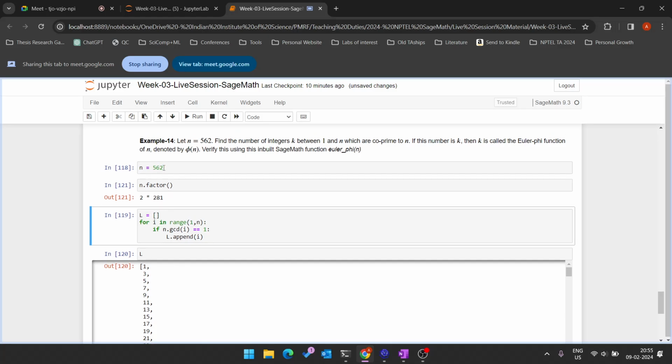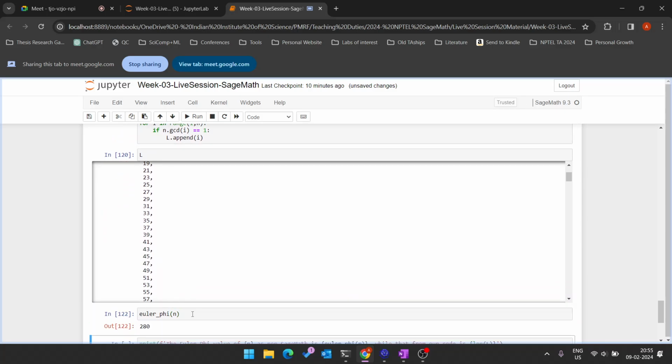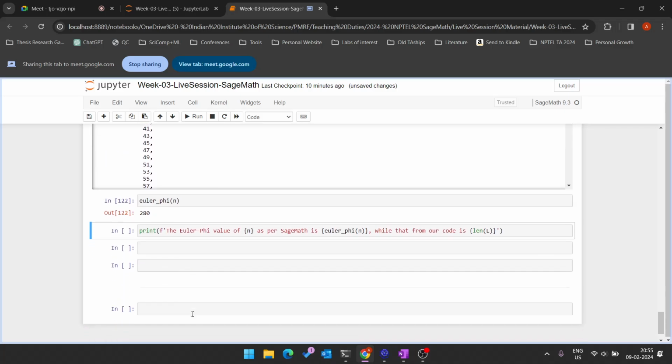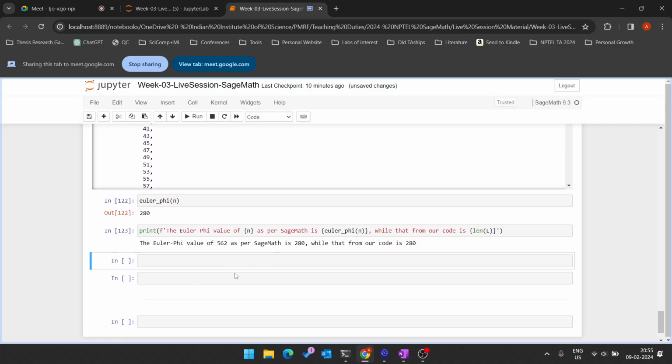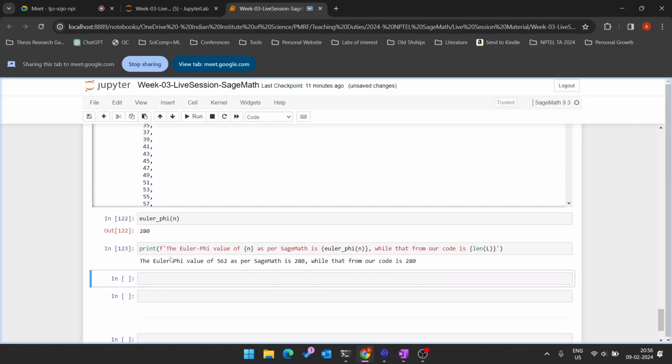So for 562, there are 281 even numbers, so those are ignored. 281 itself is ignored. 562 also itself is ignored. So we expect there to be around 279 to 280. Yeah. So we get our Euler phi value from SageMath to be same as the length of L that we have written.